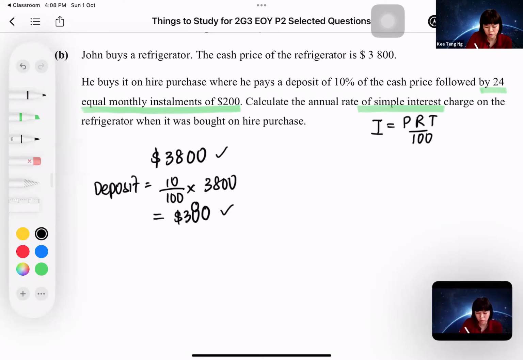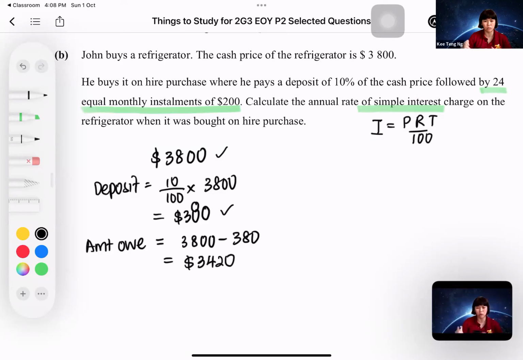Then I'm only going to borrow that particular amount, and pay the rest as interest. So this principal amount will be $3,420. This is the P over here.